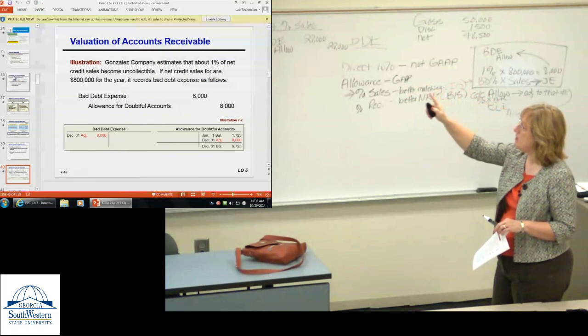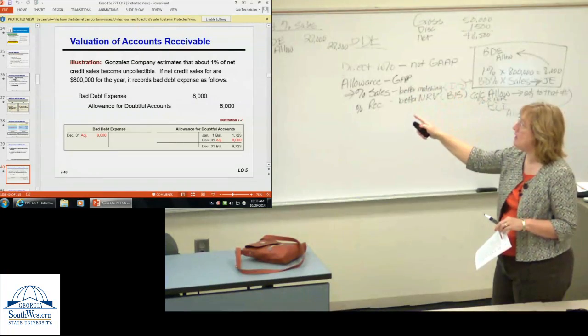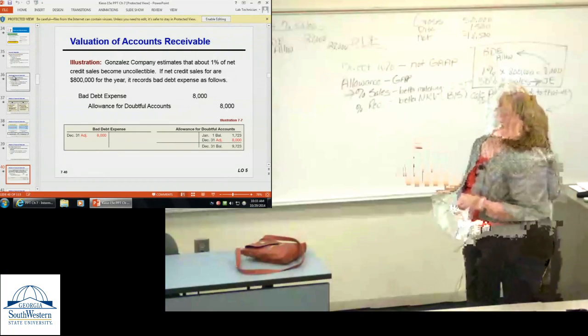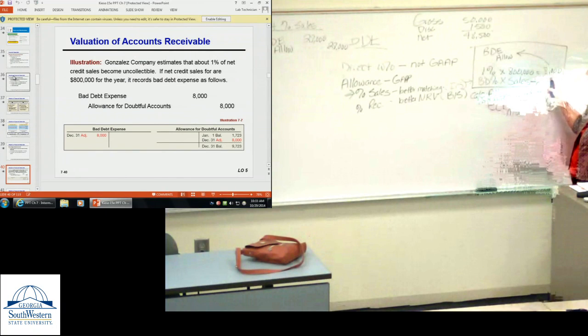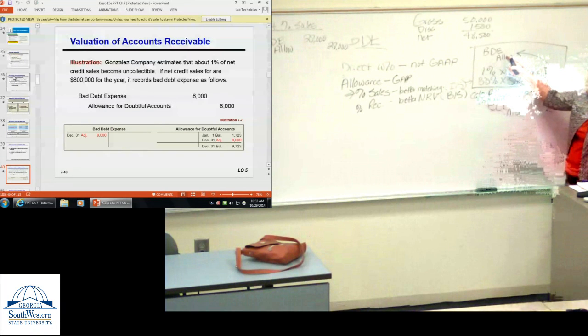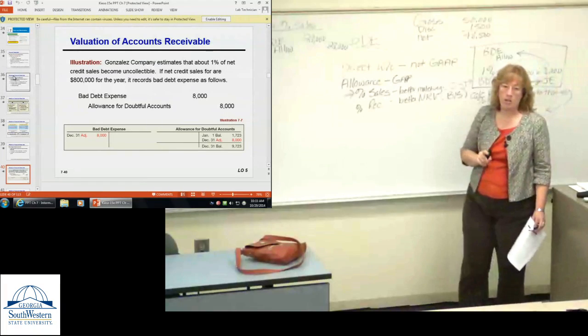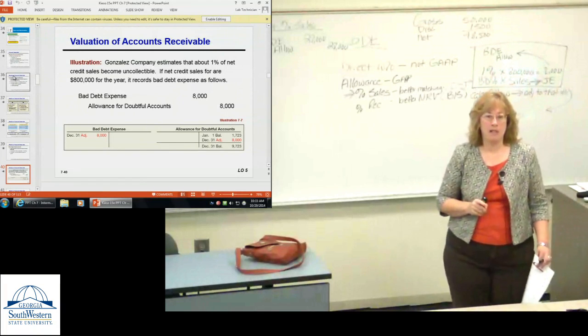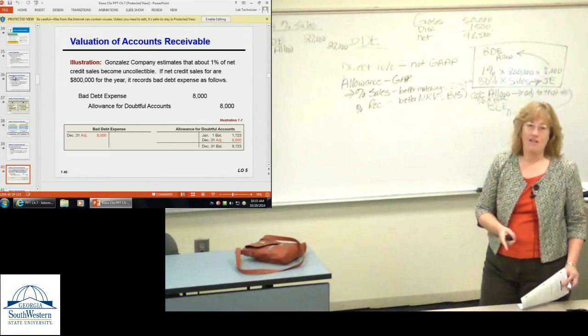If net credit sales are 800,000, then we multiply it times 1% and we get 8,000, and that's the amount of the entry. And so that's why this is important. This amount, that's our entry, right? I just got confused on what we were subtracting and adding out. Oh yeah, that's maybe what you're coming up with next. Okay, so that's just net.